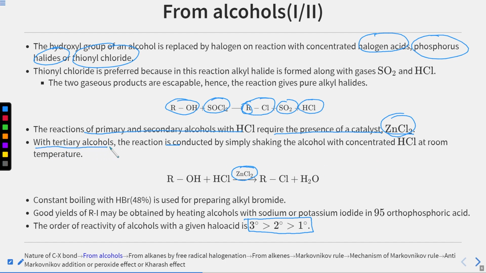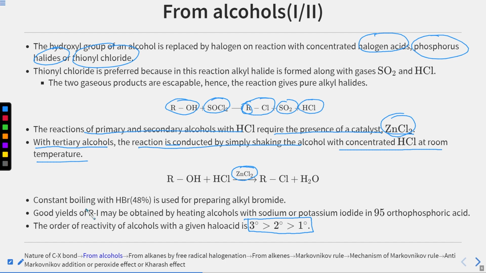Coming to the tertiary alcohol, the reaction is conducted by simply shaking the alcohol with concentrated HCl. So you have to simply shake it with our alcohol and get our product. In case of tertiary alcohol, you do not have to add the catalyst.